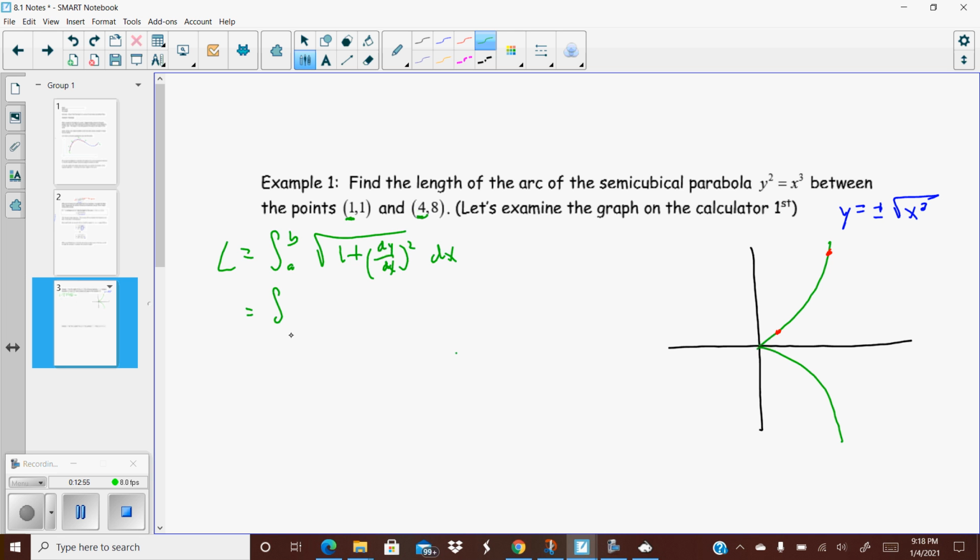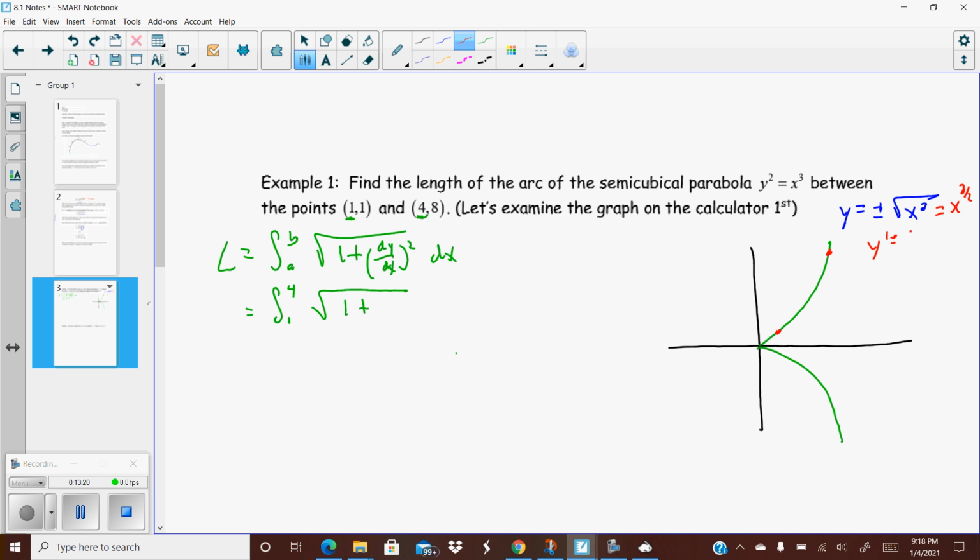So let's go ahead and figure this out. We're going to have an integral from 1 to 4, square root of 1 plus. We need the derivative, so we're going to have to find y prime in this case. So y prime, again, I'm only dealing with the positive part, is going to be the derivative of the square root of x cubed, which remember is x to the 3/2 power.